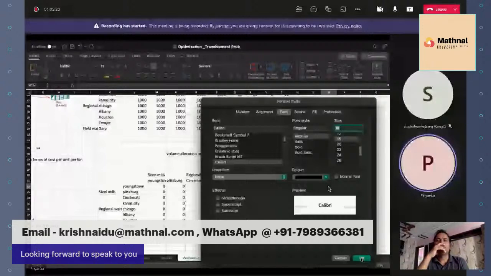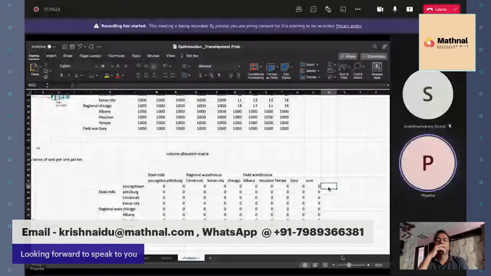Select the cell next to the cell below that. Click on any cell there. So what you have to do is select the entire range.